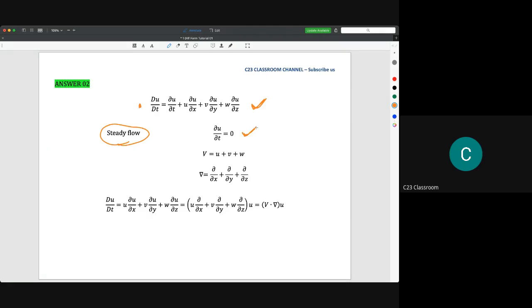And then the capital V is actually the u plus v plus w. So please remember this is actually from the idea of vector. So the total resultant vector is the summation of vector u plus v plus w. This is not about adding the value of velocity itself.